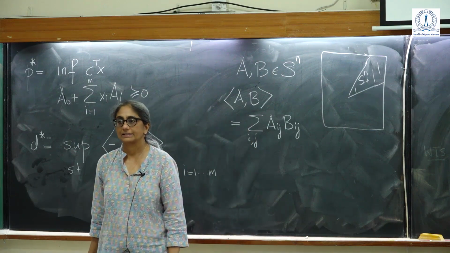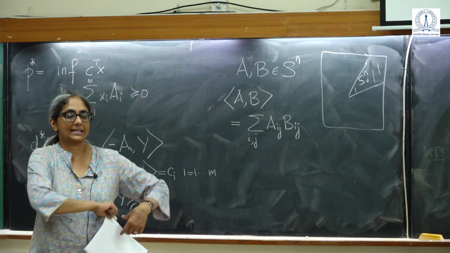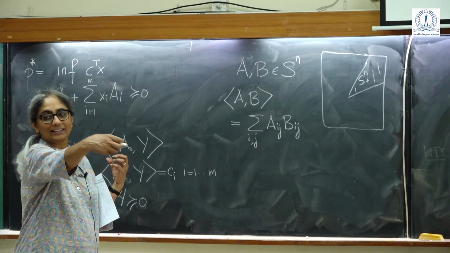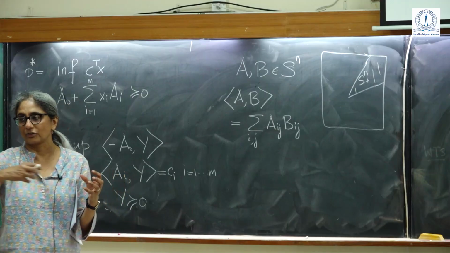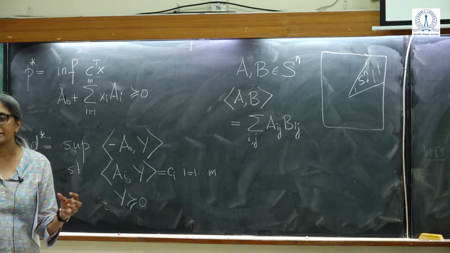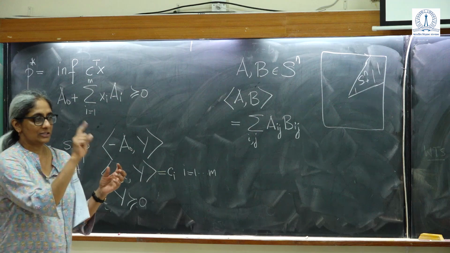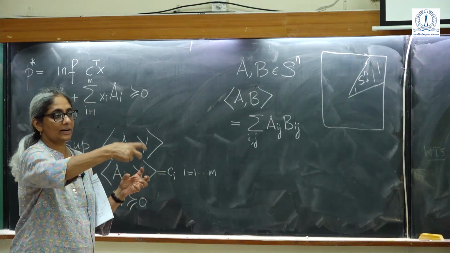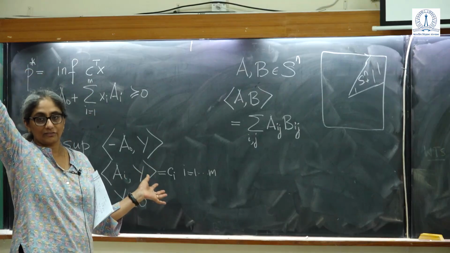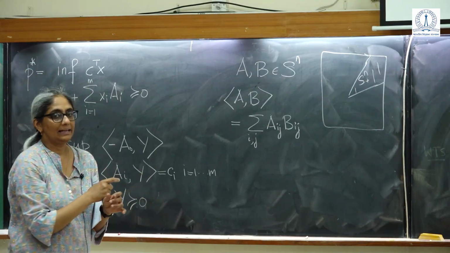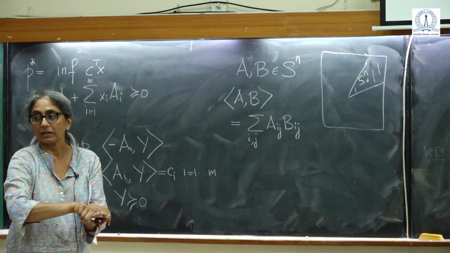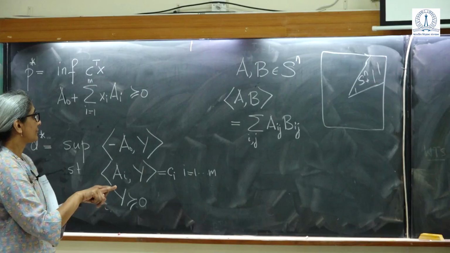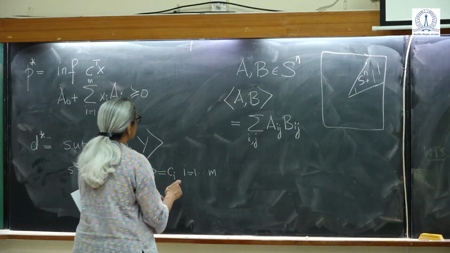What you're really doing is taking your matrix and unraveling the rows into a long vector. Take each row and put one row after the other, and you get a long vector. Do the same for B, and then take the usual Euclidean inner product.